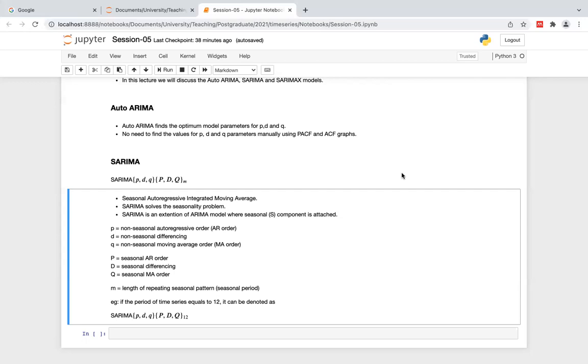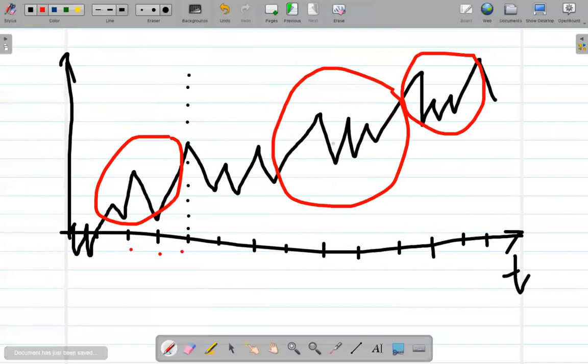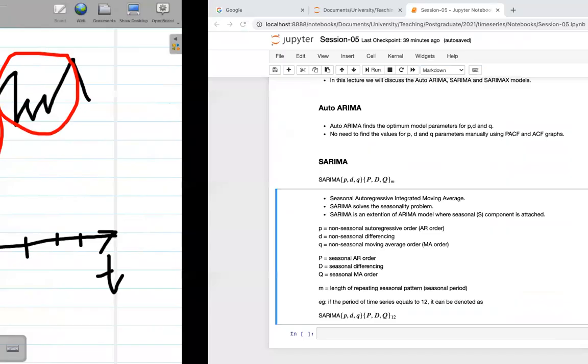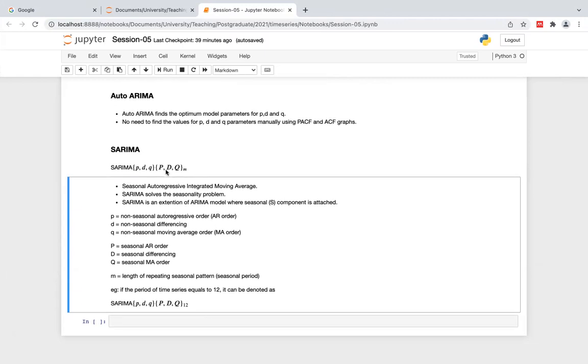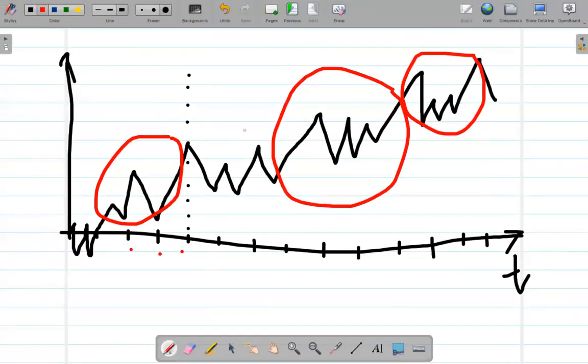With this example, the same seasonality is repeating in each year, which means each 12 months. If the period of the time series equals 12, which means 12 months, we can say that m is 12, right? That's clear, right? Then what would be this P, D, and Q? There is also a problem. I'll explain it as well.